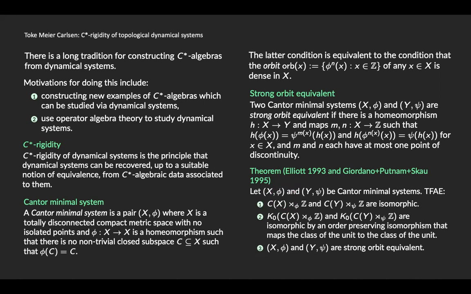What they proved is that if the two Cantor minimal systems are strong orbit equivalent, then the C-star crossed products are isomorphic, and that one implies two follows from general theory of K-theory.